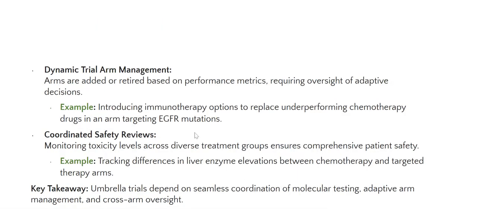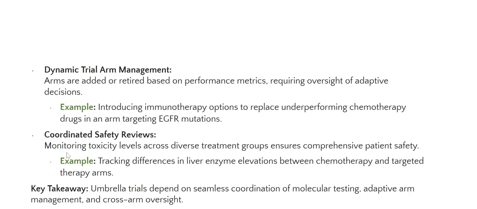Continuing with the key monitoring activities for umbrella trials, we have dynamic trial arm management. Arms are added or retired based on performance metrics, requiring oversight of adaptive decisions. For example, introducing immunotherapy options to replace underperforming chemotherapy drugs in an arm targeting EGFR mutations.